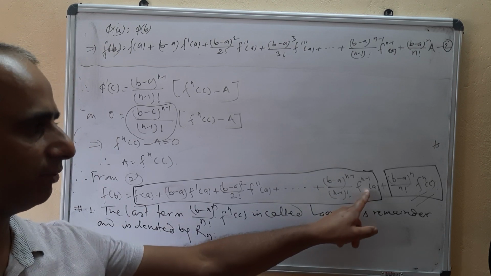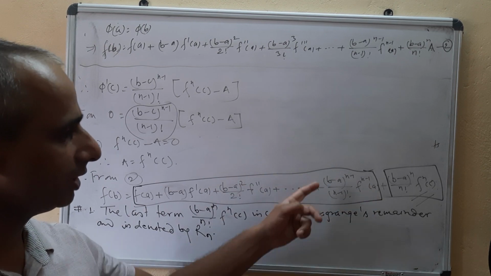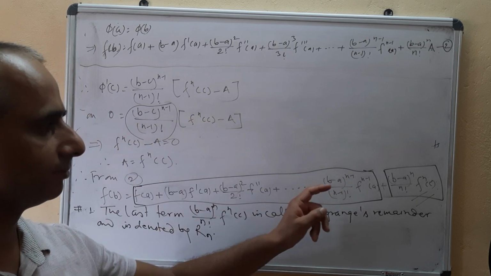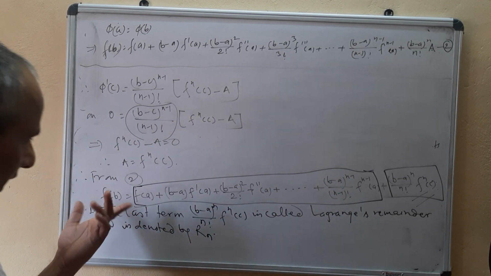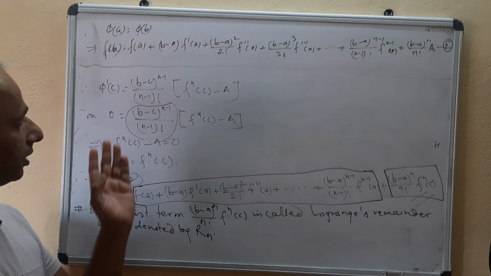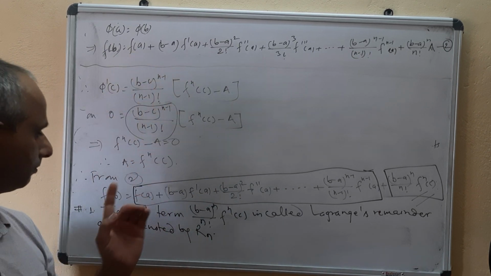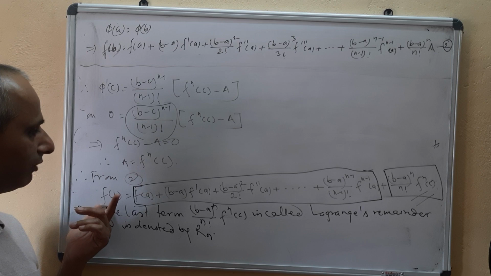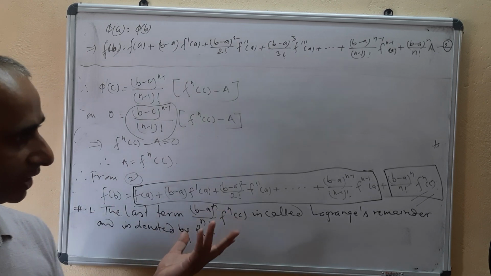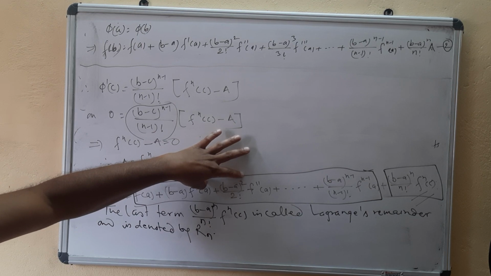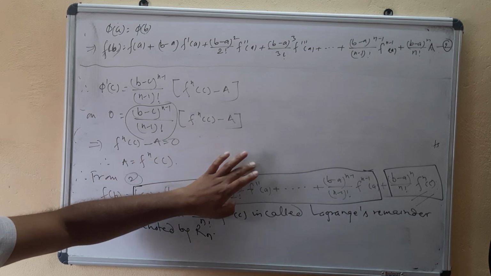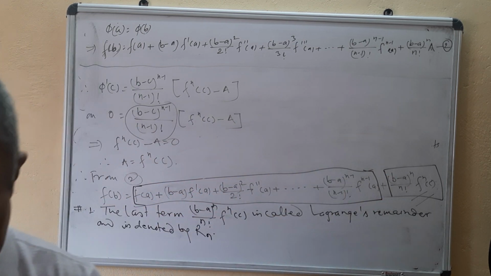(B minus a) whole power n minus 1 is a polynomial. So you can see here that the value f of b can be expressed as the sum of a polynomial in the first part that contains n terms and the remainder.